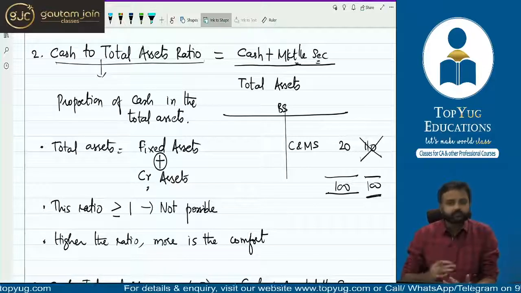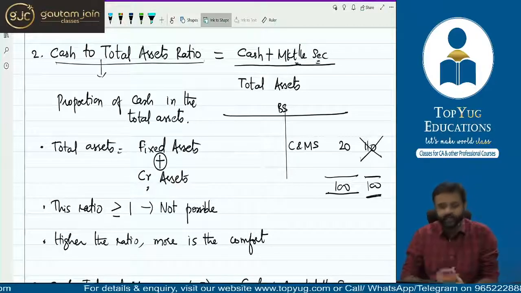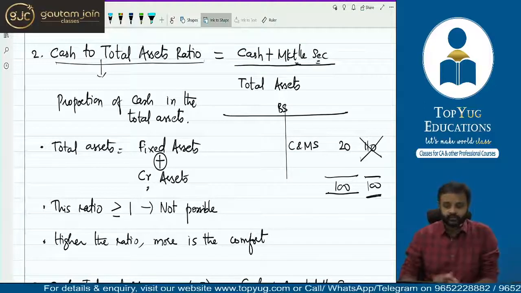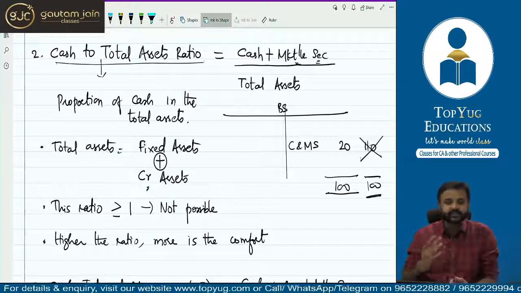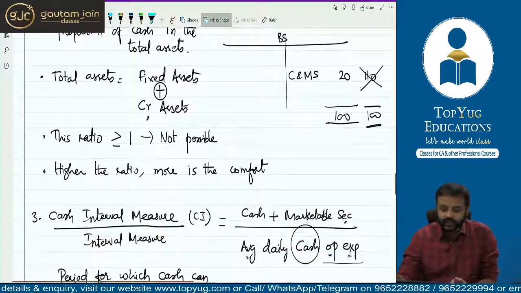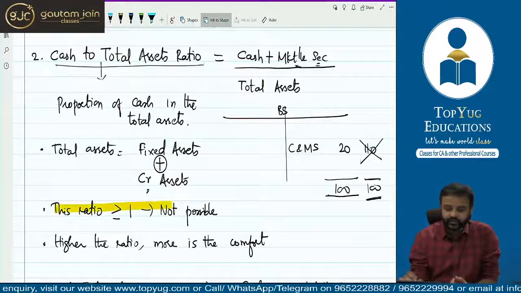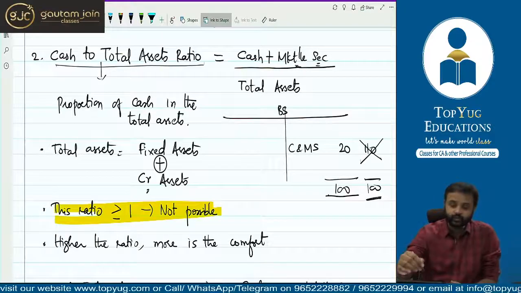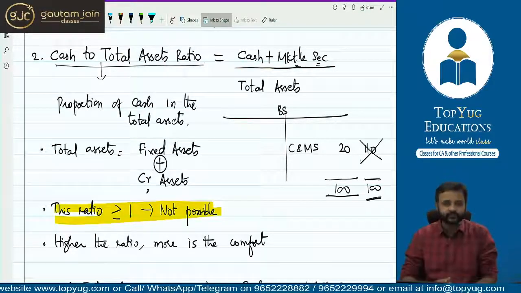And cash means not just physical cash, it can be in the form of marketable securities as well. So more will be the comfort. When we talk about the proportion of cash in the total assets, that's nothing but the cash to total assets ratio. And then we said, if you remember, this ratio cannot be more than 1, or even equal to 1 is not possible, because you can't expect that the total assets are completely in cash form, right?